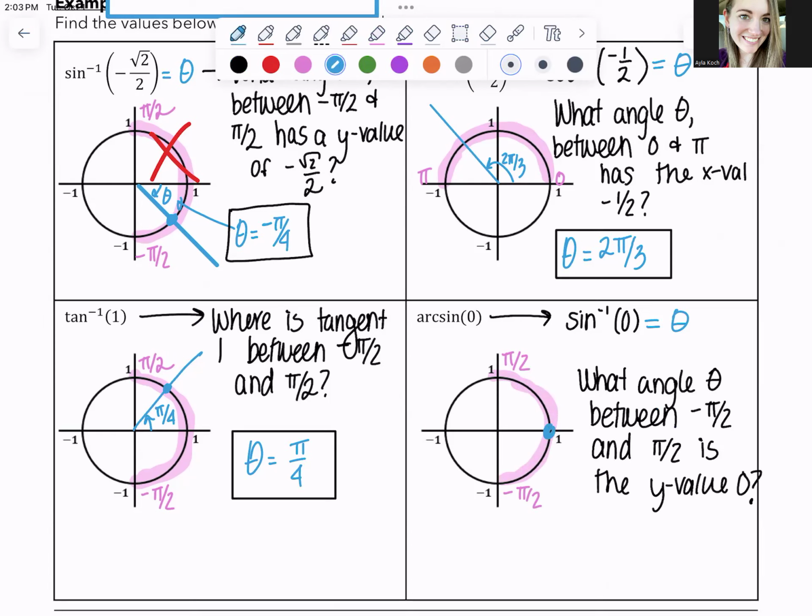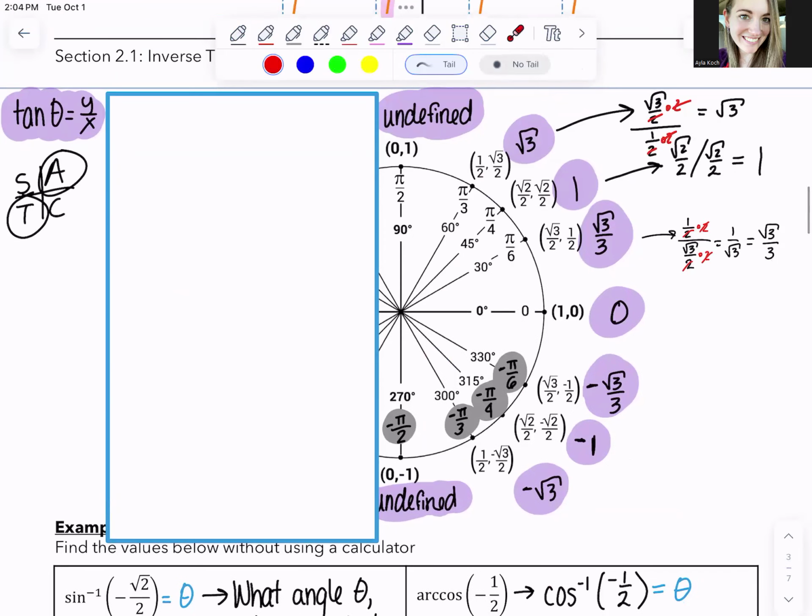The y value is going to be 0 right here, at theta equal to 0. And you can look right here: the one place where the y value is 0.